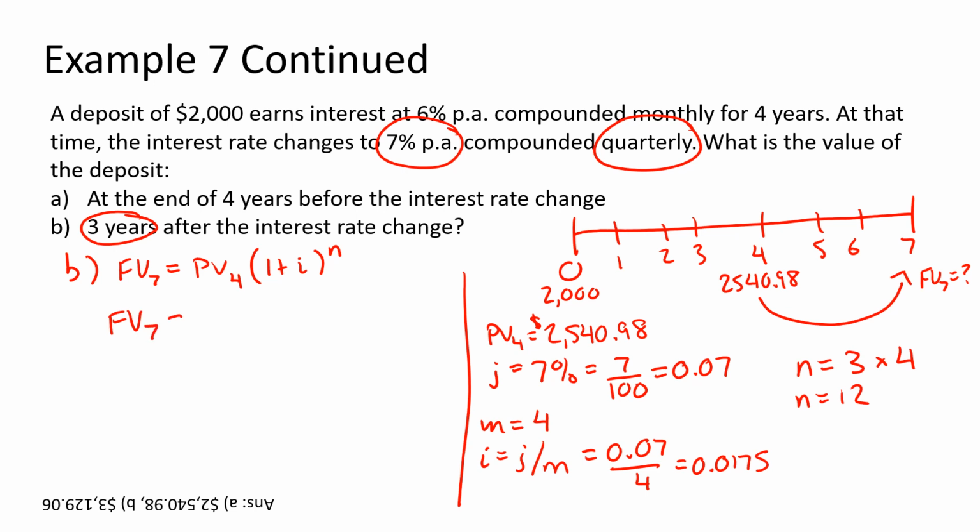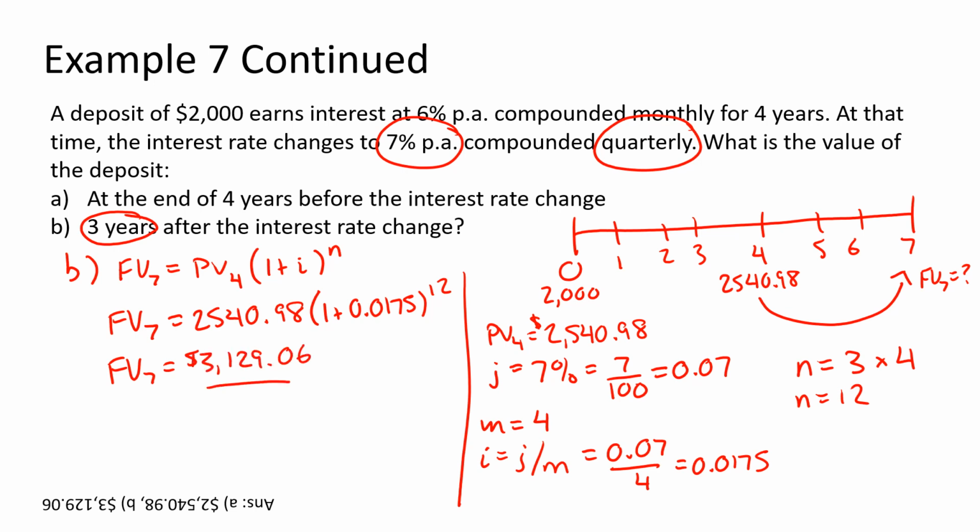Our future value at year 7 is equal to our present value at year 4, $2,540.98, times 1 plus our periodic interest rate, 0.0175, to the exponent 12. Multiplying this out, we get our future value at year 7 is $3,129.06.